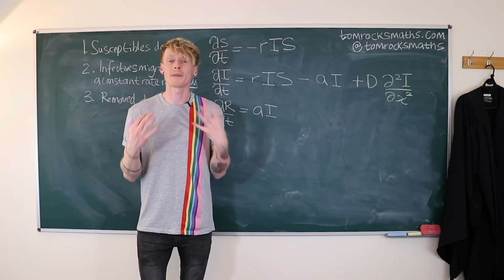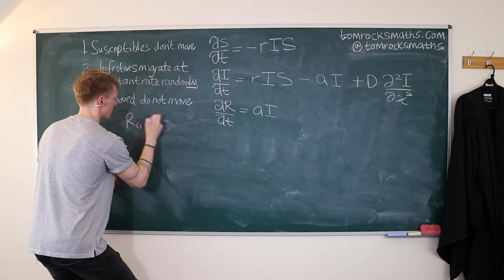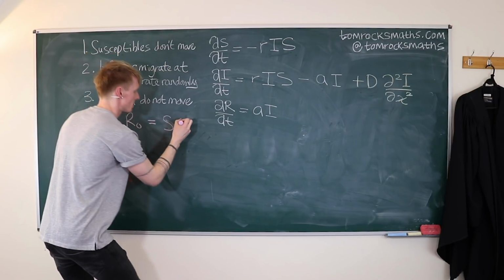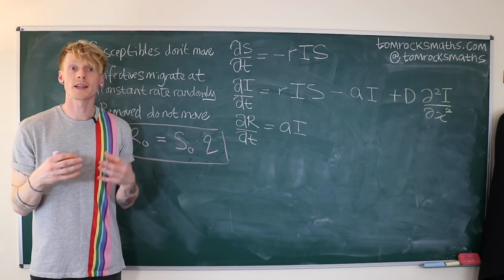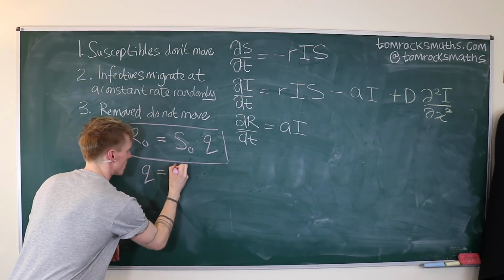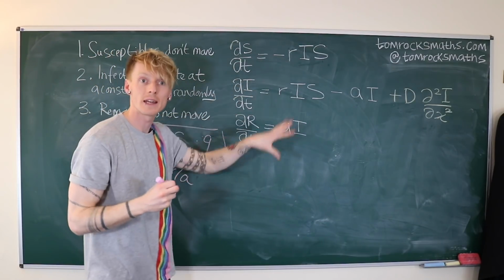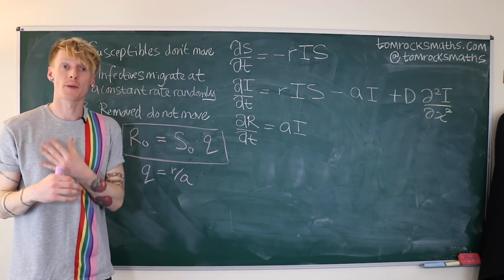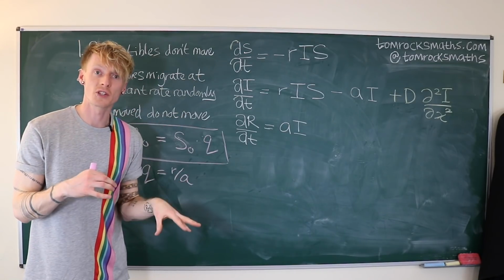And we define this mathematically as R0 is equal to the initial susceptible population S0 multiplied by the contact ratio Q. The contact ratio Q itself is equal to R divided by A, where R and A are the numbers over here in our model. And it is defined to be the fraction of the population that comes into contact with an infected individual during their period of infectiousness.